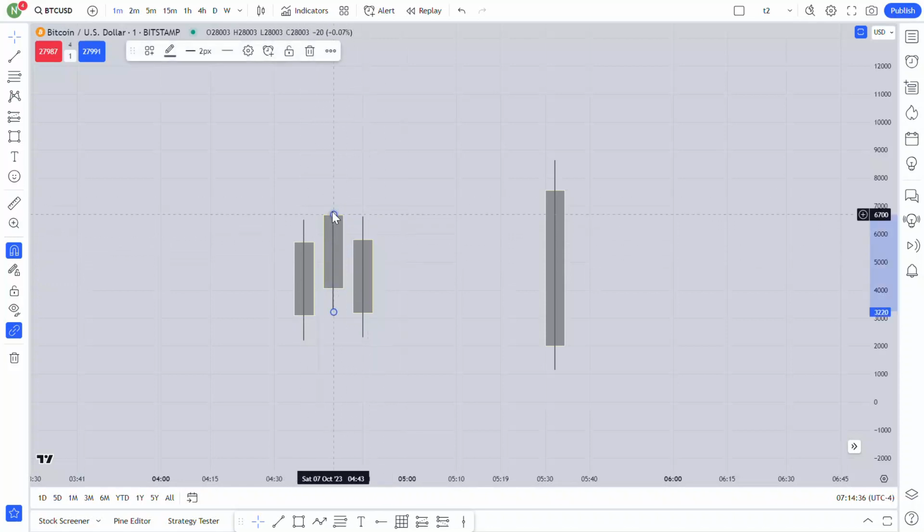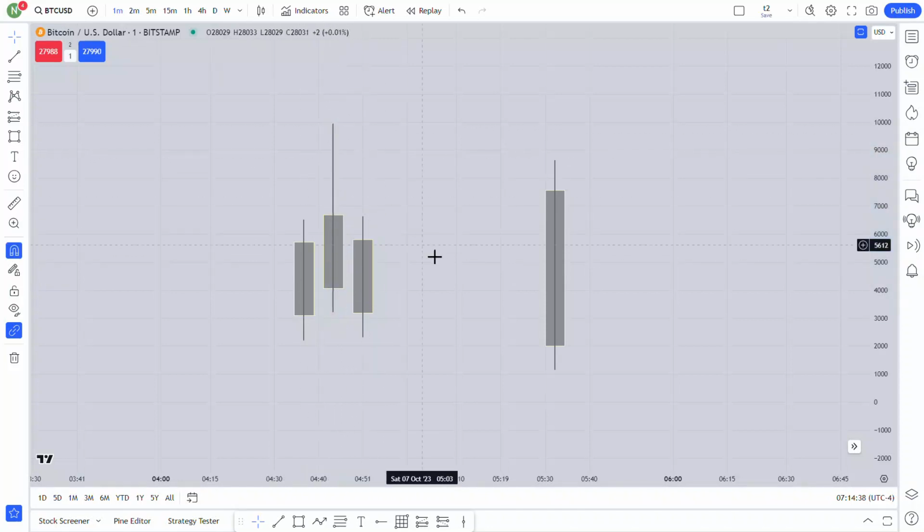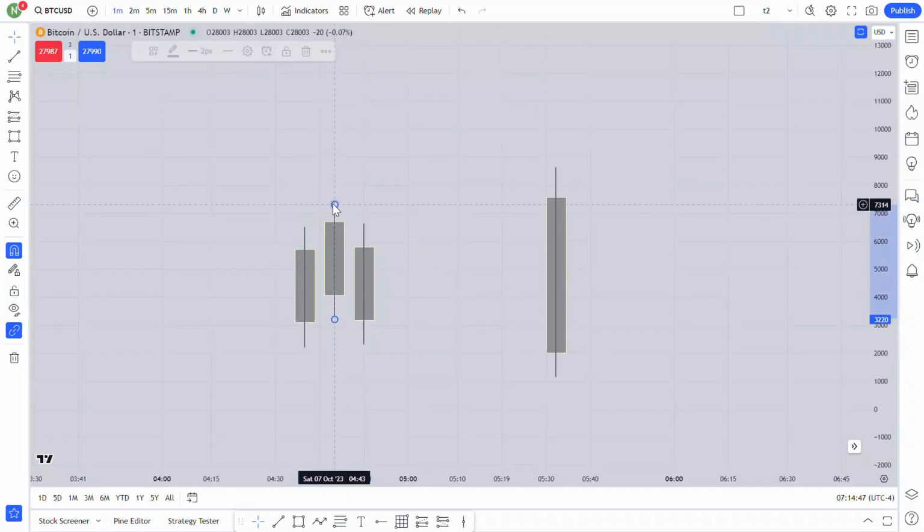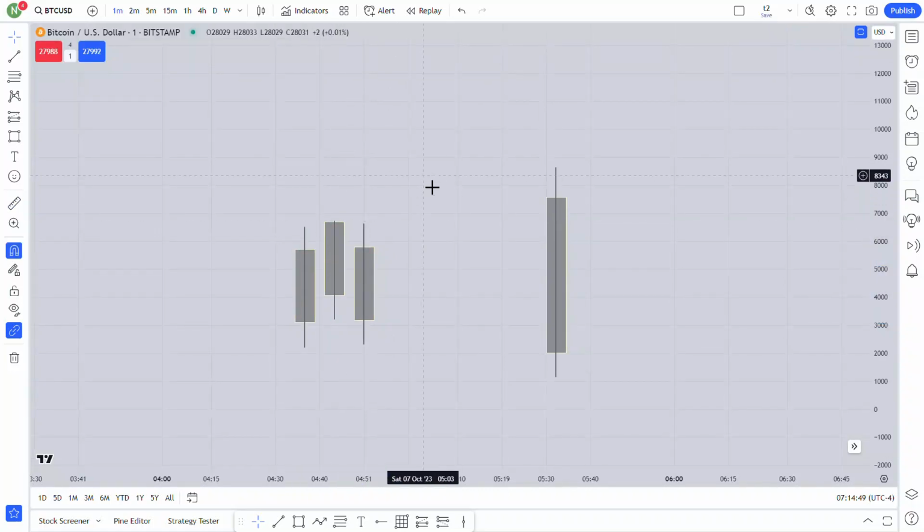I need a wick. It can be very big or very small, but I need a wick. If there is just a body, no wick, it won't be eligible for me. This won't be a swing high for me, this is my opinion. Or if it is very little and hard to see, it won't be a swing high.